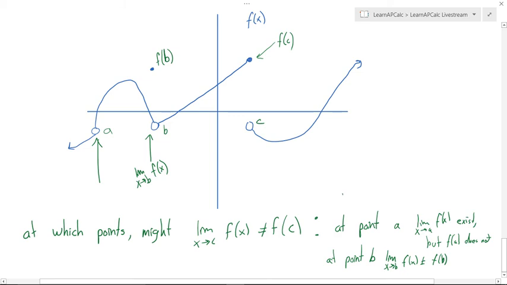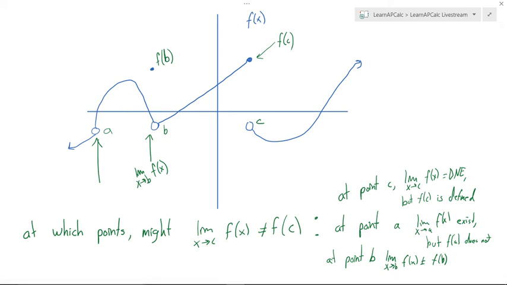So we can also say that at point C, the limit as x goes to c of f of x does not exist, but f of c is defined. So at all three of these points, a, b, and c, our function is not equaling our limit for separate reasons.